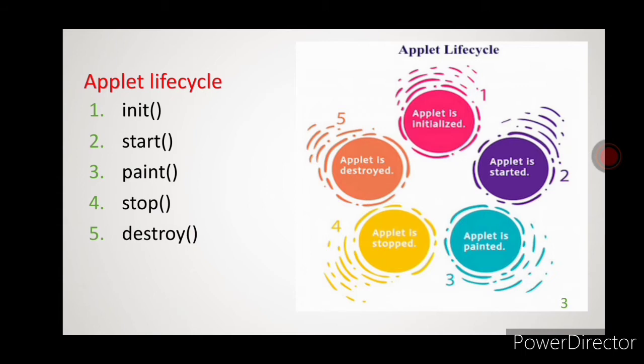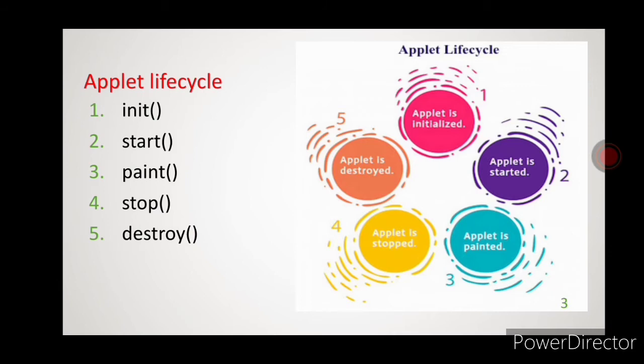The next step is to start an applet. For this, the start method is called, and every time when we stop an applet, to restart that applet, we will call this method. That is the start method. Next step is painting.